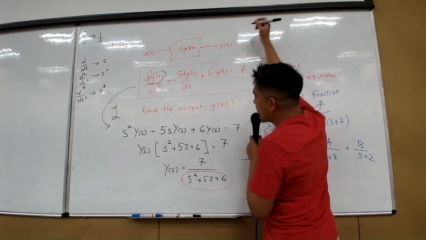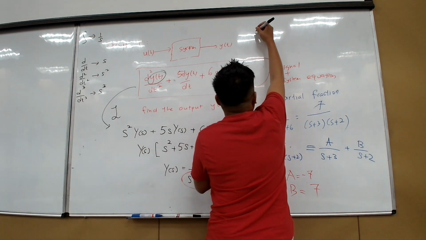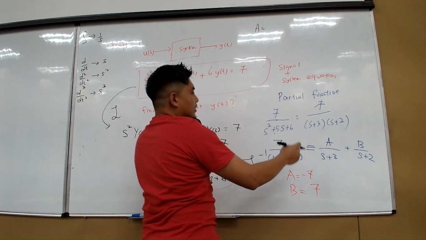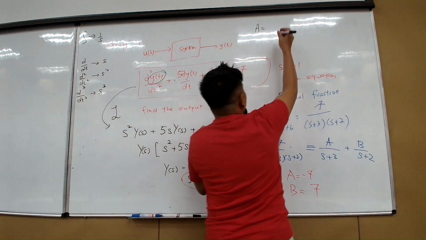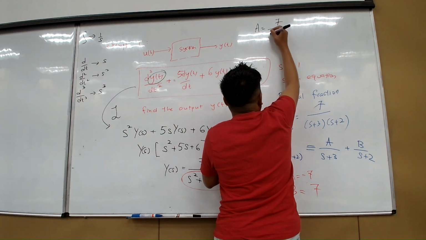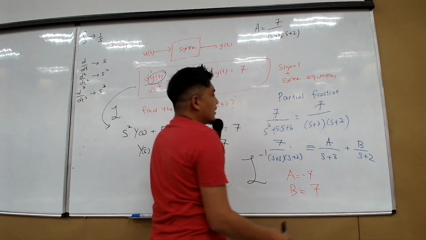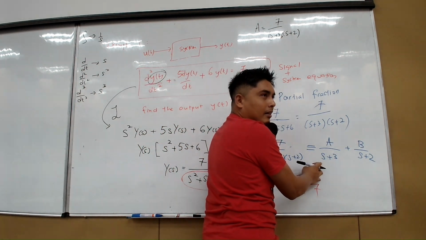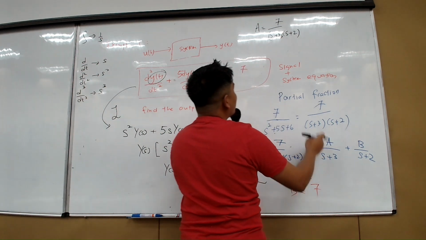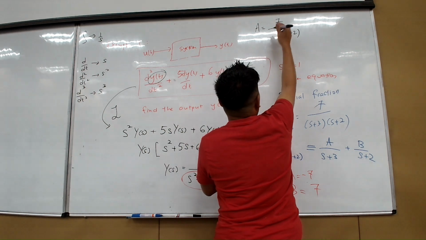Now you want to solve for A. Under A is s plus 3, so you just clean s plus 3.